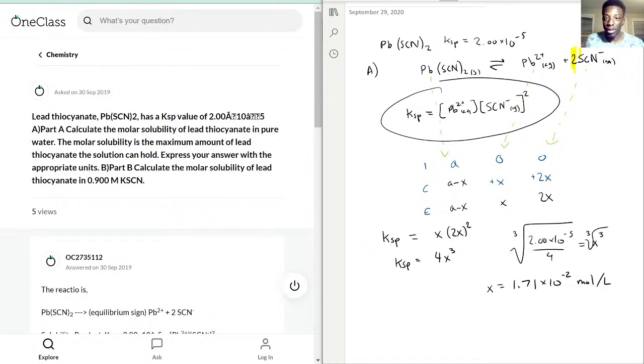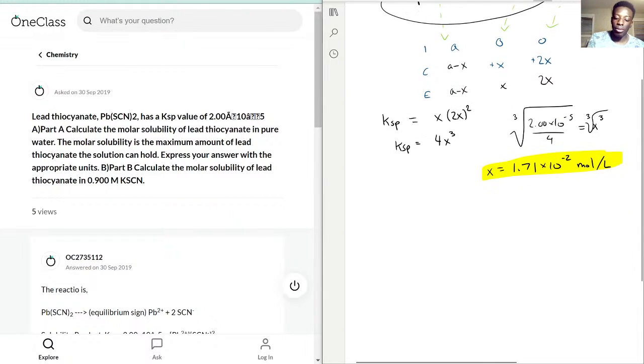And this x value is going to be our molar solubility for this question. So it pretty much means for whatever value of a that's put in, that's how much is going to be produced in pure water. Now, they're asking us what happens if it's not pure water. What happens if we actually have 0.900 moles per liter of KSCN.